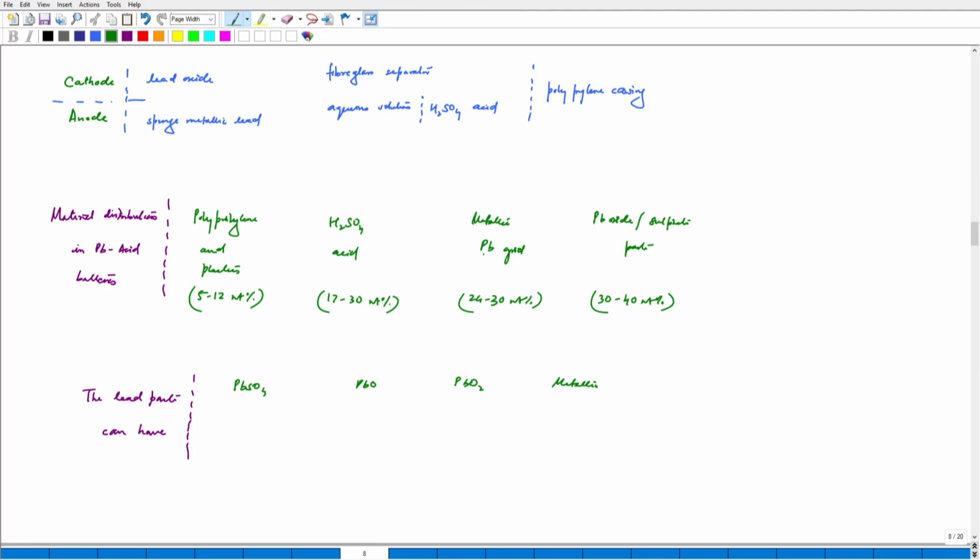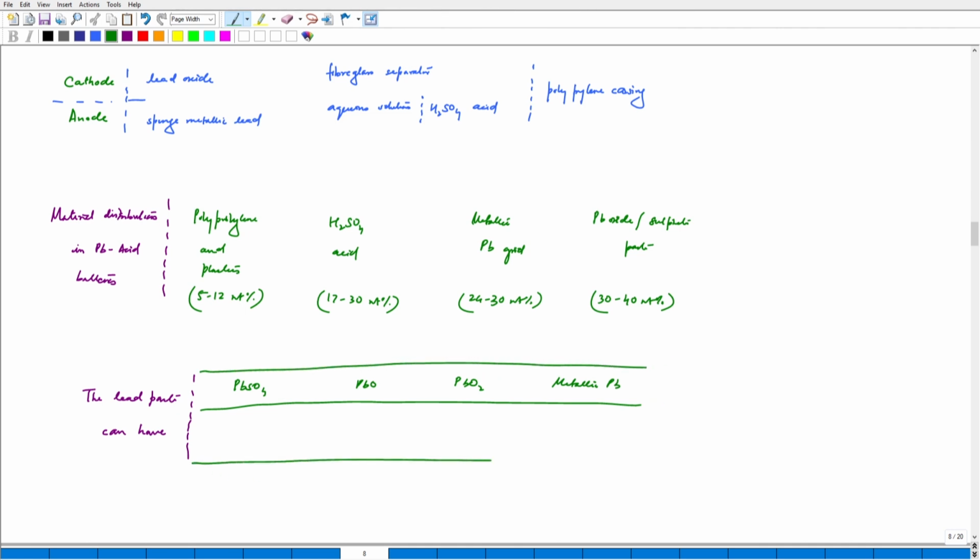One might wonder, we already have metallic lead here, but this is a different composition inside the lead oxide paste, so that we are going to look. And we see that PbSO4 is around 50 to 60%. We have 5 to 10% PbO. PbO2 is around 15 to 35%, and 2 to 5% of metallic lead.